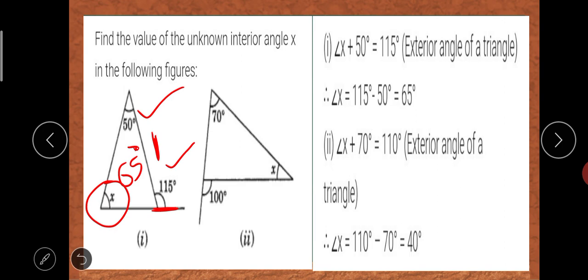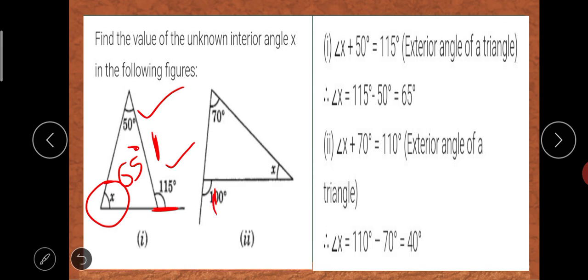Okay, now next one. See here in the second question, X plus 70 equals 110. Here, one minute, what is given, 100? No, I think 110 is there.